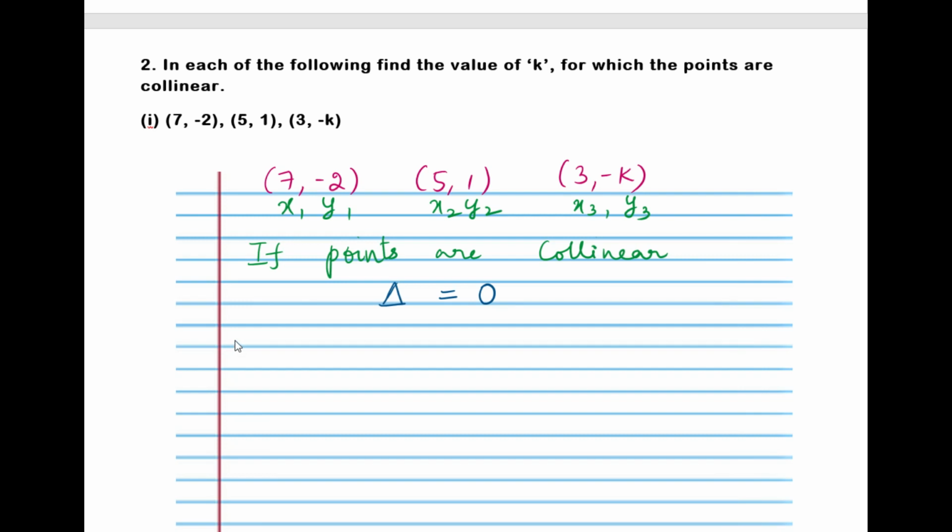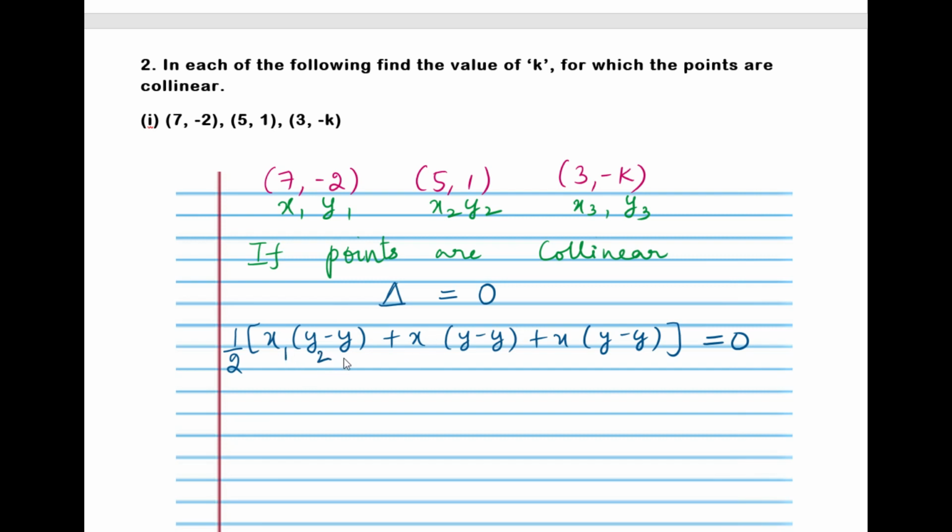Now what is the formula to find out area of triangle? That is half into x1(y2 minus y3) plus x2(y3 minus y1) plus x3(y1 minus y2) equals what? 0. That is, area of triangle will be equal to 0.